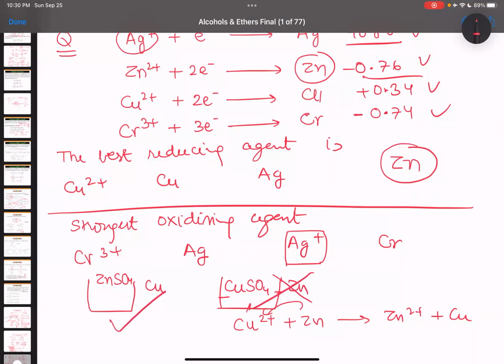This is correct because zinc 2 plus, you have taken zinc sulfate, that is not going to take electron, and that is good. The zinc sulfate will remain zinc sulfate. But the copper sulfate, if you would have taken in zinc, zinc is more reactive, more electropositive. That is going to give electrons to the copper.